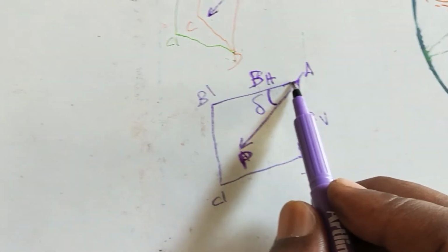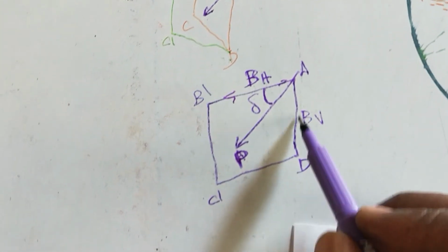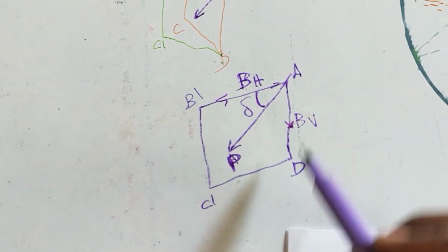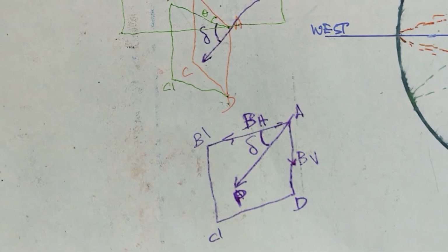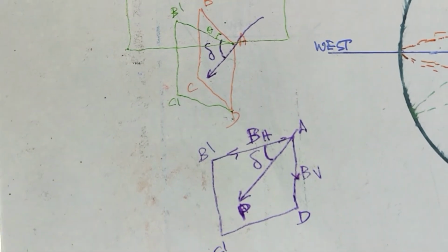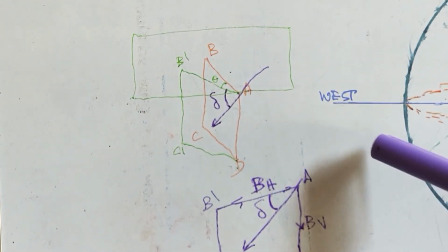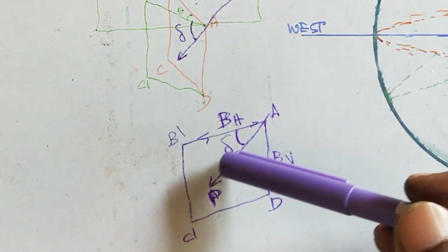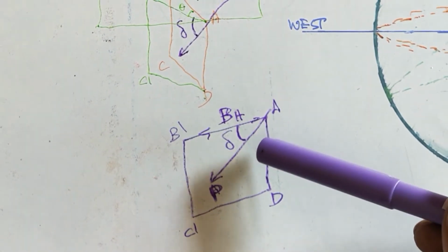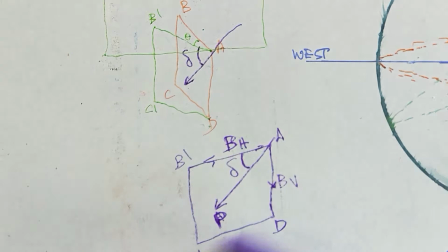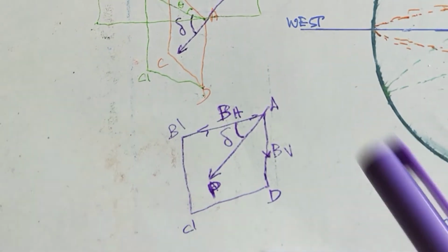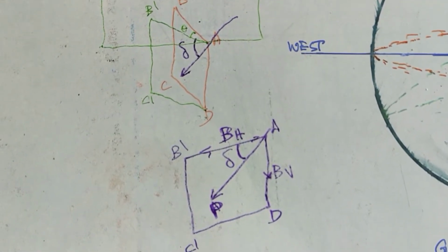BH is the Earth's horizontal component and BV is the Earth's vertical component. Therefore, the definition for magnetic dip is the angle made by the direction of Earth's magnetic field with the horizontal in a magnetic meridian, called the angle of dip or magnetic dip.